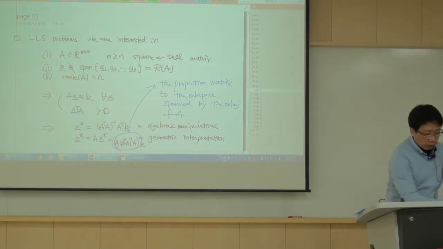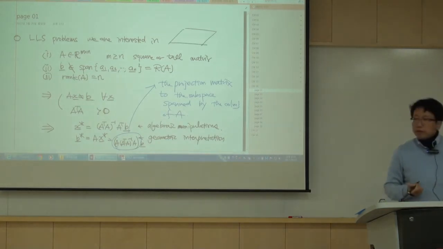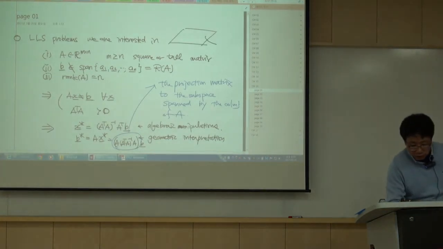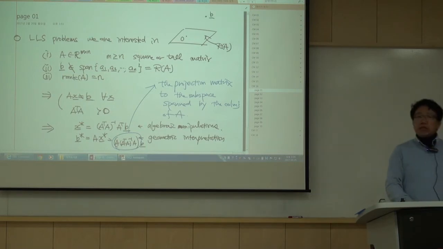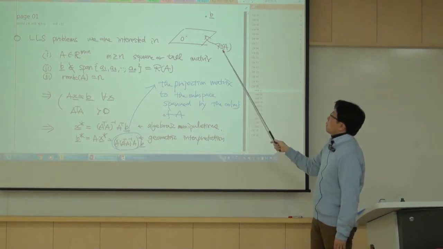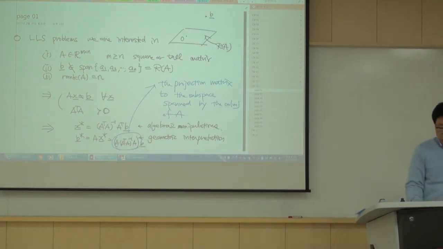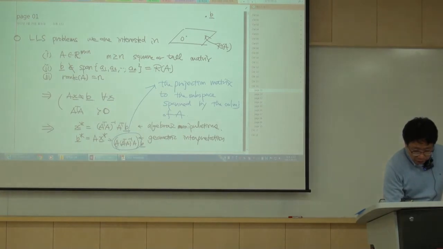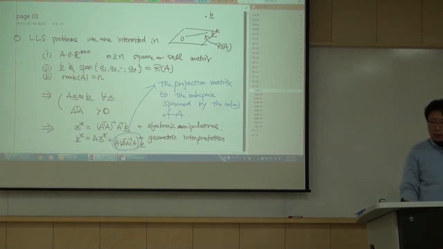So if we draw, this is the famous figure used again and again. So this is the range of A, and let's say this is the origin. Then you have vector b here, not on this subspace corresponding to the range of A. So you want to find some point here that is called b star, that is on this subspace and has the minimum distance.